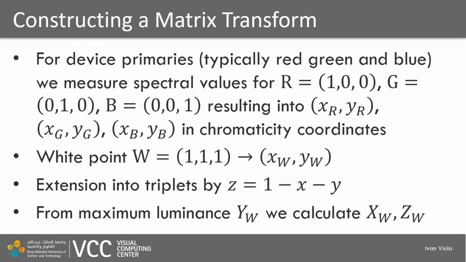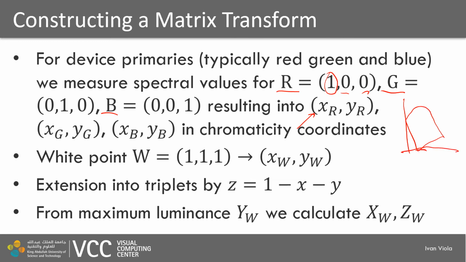If we would like to create a transform for a particular device and its gamut from its color space to the XYZ color space, then we will take, let's say, the RGB coordinates, and for each of R, G, and B, we will calculate their corresponding coordinates in our chromaticity diagram. So if we have the triplet RGB, and we have maximal R and 0 G and 0 B, in this case we will compute the coordinates on this chromaticity diagram, which looks, for example, for the xyY approximately like this.